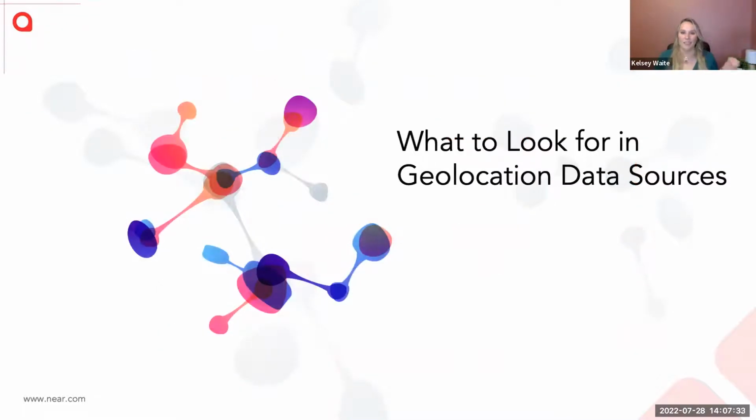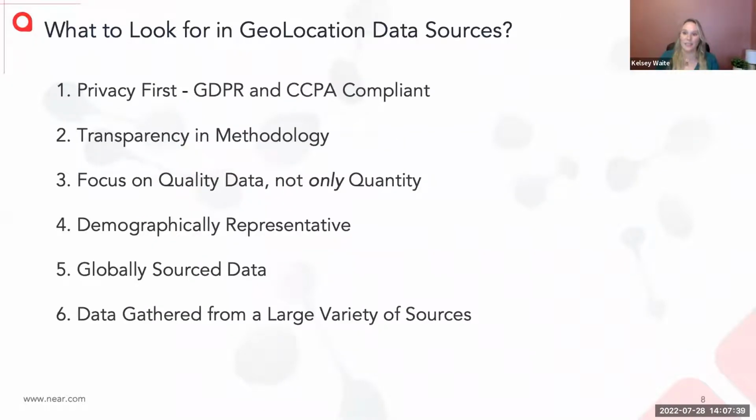So now we get into the good stuff. What to look for in geolocation data sources. Again, this is anyone that you're talking to, seeing if it's going to work for your destination or your research projects. First, you want to make sure your source is privacy focused.